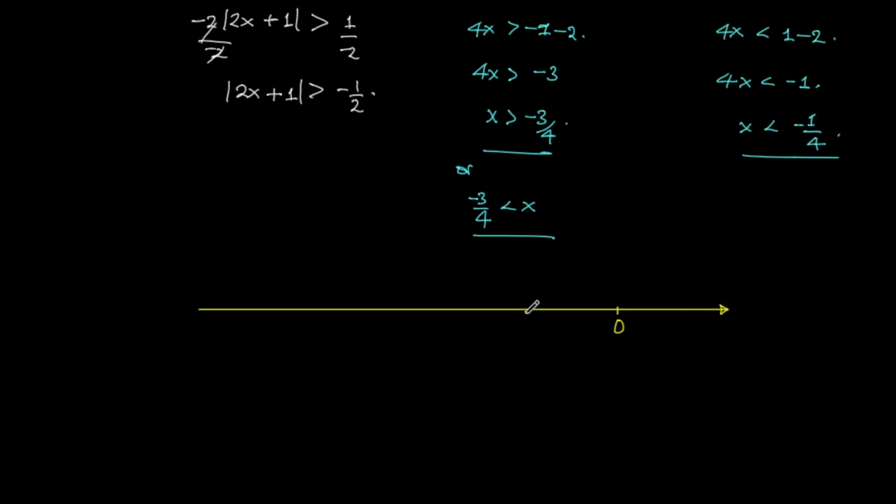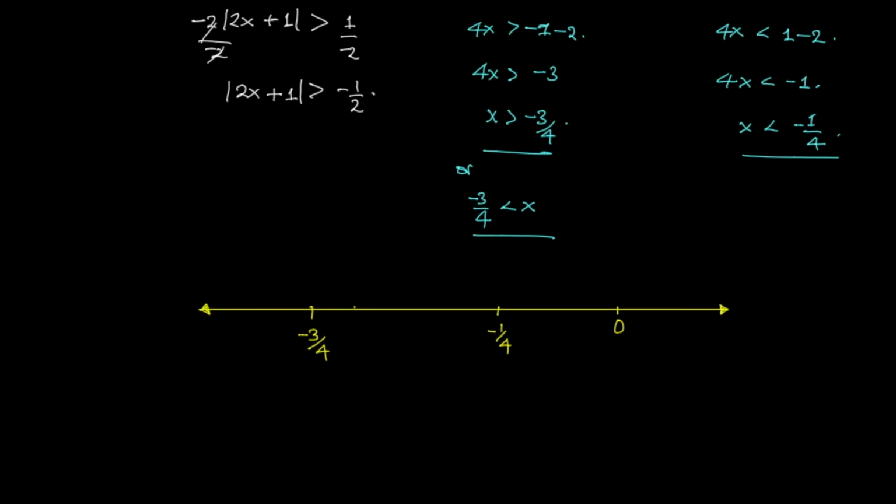So let's have the first one here, and that is negative 1/4. Negative 3/4 is less than this, so it will be somewhere here. Maybe let me extend it somewhere, and we have negative 3/4, and this extends to negative infinity.